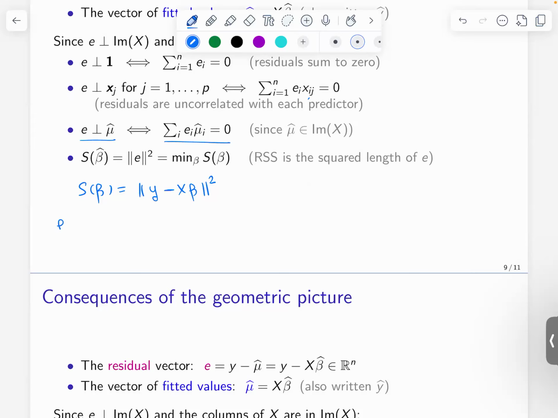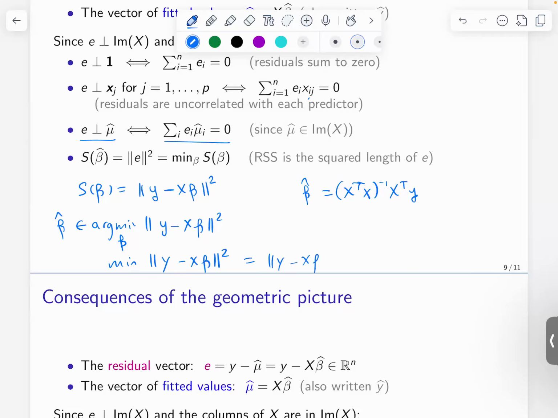So beta hat, which we got as (X transpose X) inverse X transpose y, is the argmin over beta, and the minimum value itself, which is the norm of y minus X beta hat squared, is really the residual sum of squares. So the minimum of S(beta) is the residual sum of squares.